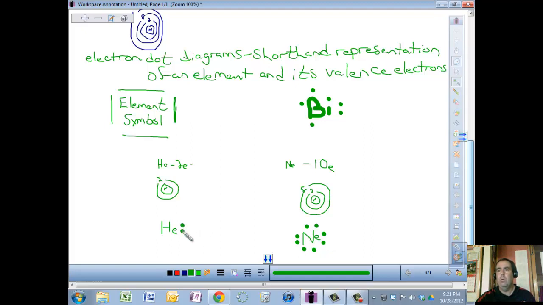Helium is the only one where we will place both dots on the right side, and that is to show that it matches all of the rest of them having 2 dots on a side. Everything else, though, will go around once: 1, 2, 3, 4, and 5. But again, to show that helium is like the rest of the elements in that column, we'll place both of the dots on the right side.